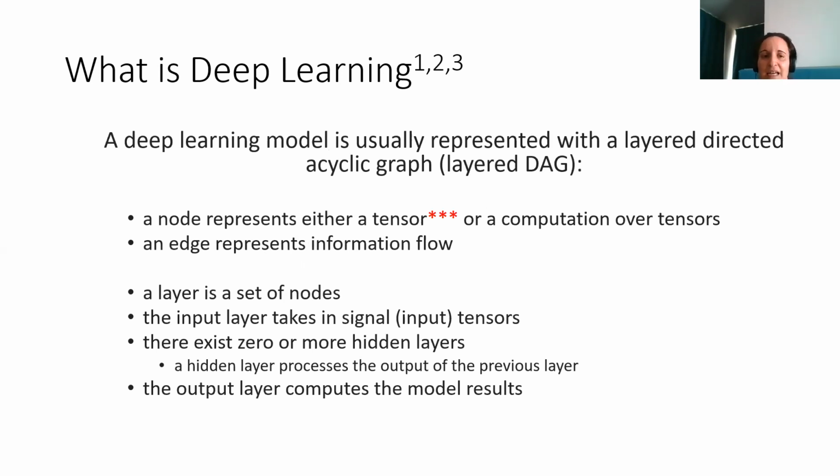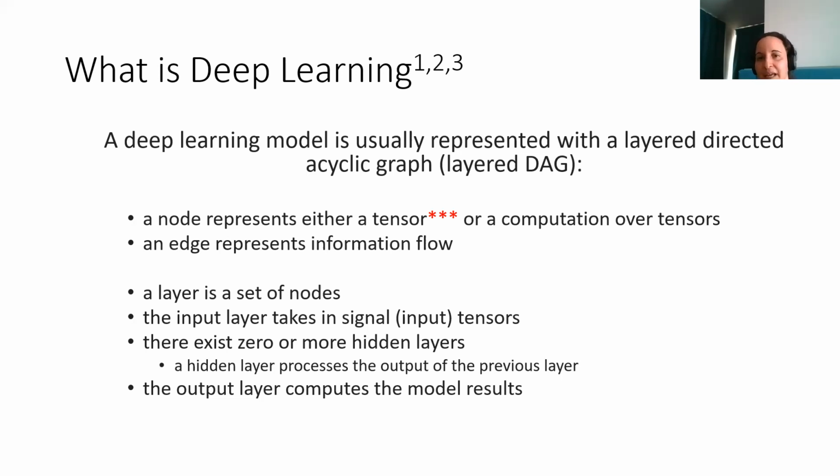For educational reasons and others, a deep learning model is usually represented with a layered directed acyclic graph, basically a graph that does not have cycles. It's directed, that means that its edges have a direction going from one node to another.